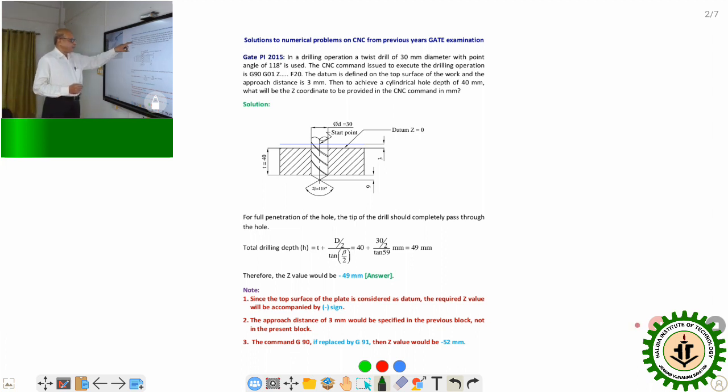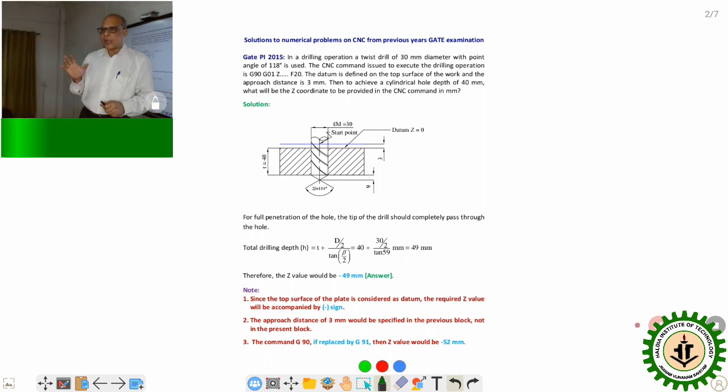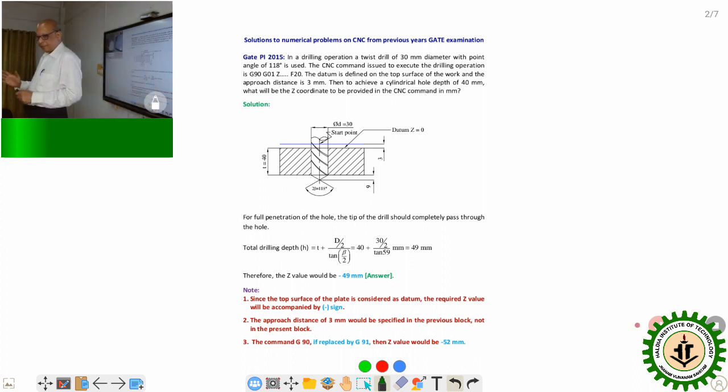Anyway, it is given. Another important feature of this problem, as far as the answer is concerned, is G90. G90 is the code for the absolute coordinate system, and that is why the datum is defined on the top surface. So you have to identify and locate the datum.